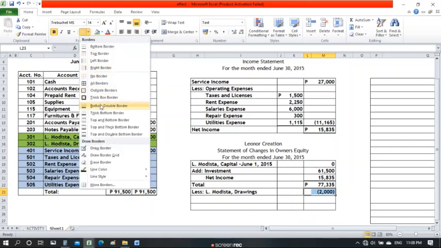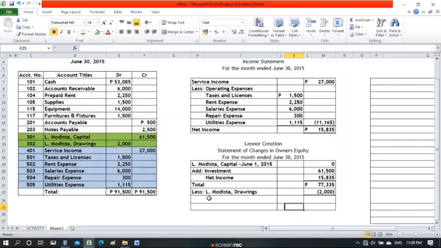So again, mag-total ulit tayo. Kailangan lagyan nyo rin siya ng guhit. So, this will give us now the El Modista Capital ending. So, ito na yung ending balance. Dito na ilalagay yung ending date na June 30.